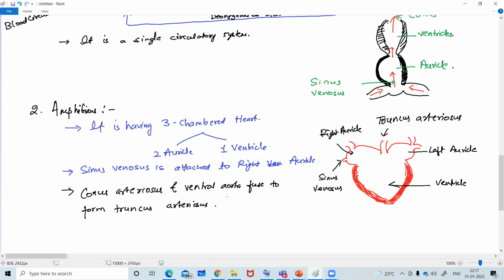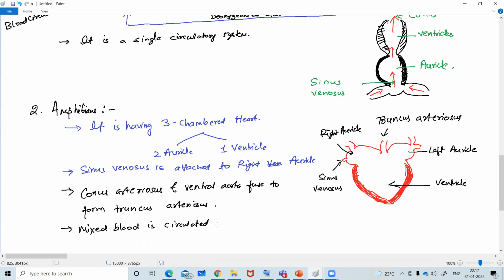So mixed blood is being circulated to the body parts. There is no oxygenated or deoxygenated till now, right? So you can say that there's a mixed blood is moving. Mixed blood is circulated. We'll see how it is getting oxygenated.